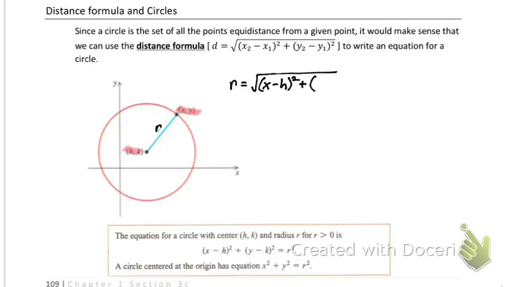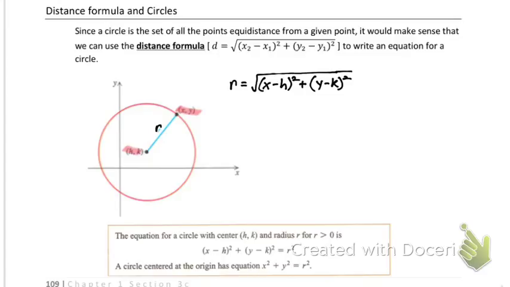Plus, instead of y sub 2, we're just going to use that y value, that's the point on the circle, minus that k value, squared. This formula will now draw that circle if you plug it in your calculator, if you have the h and k value, because this satisfies every single point that's this distance away from here, that exact r.